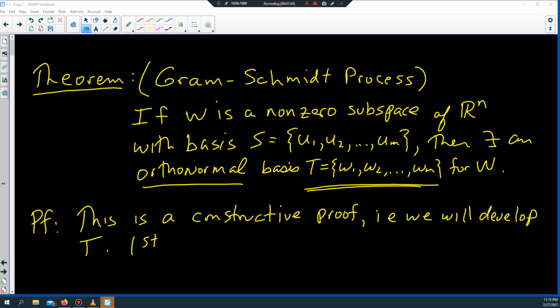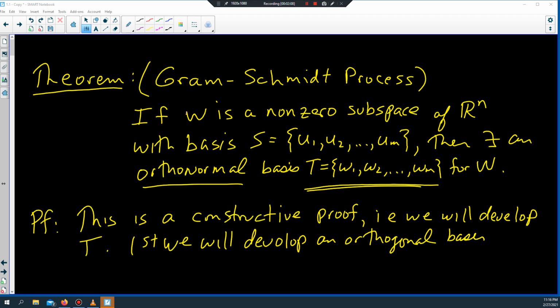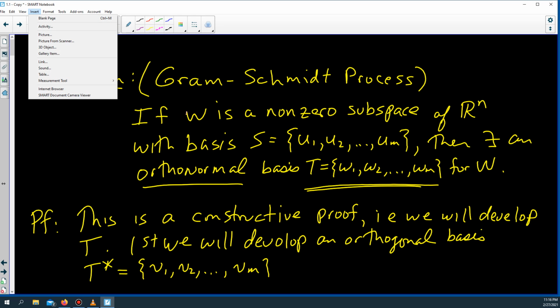So first, we will develop an orthogonal basis, let's call it T star, that equals, say, V1, V2, up to Vn. We're going to construct this.